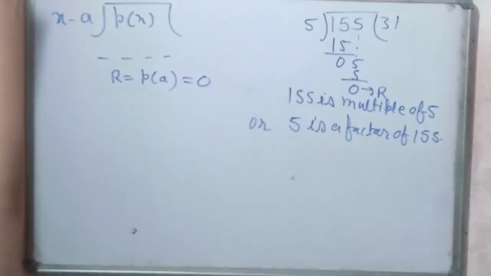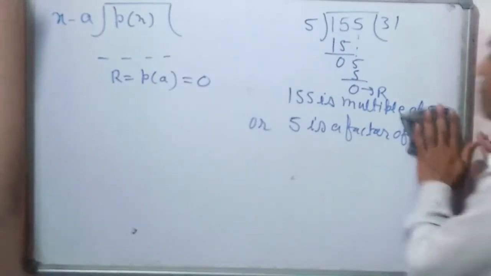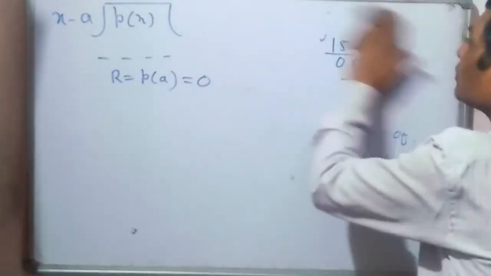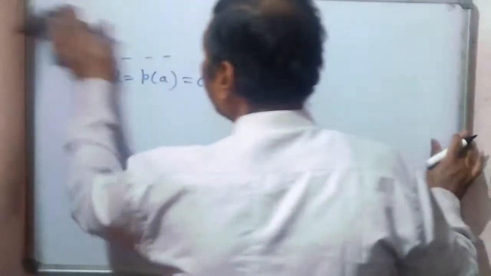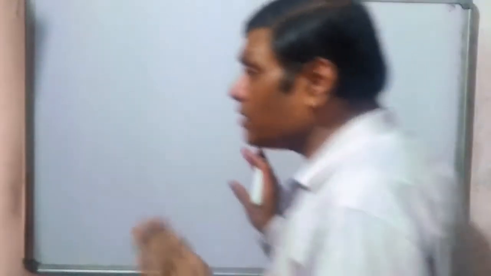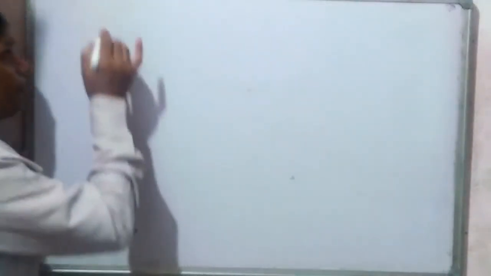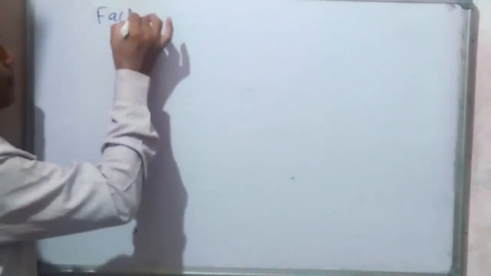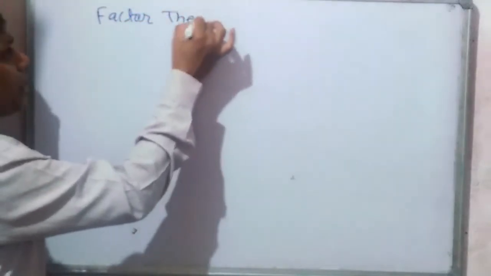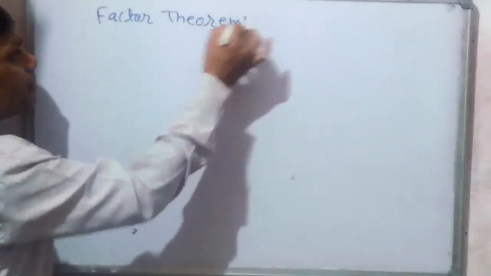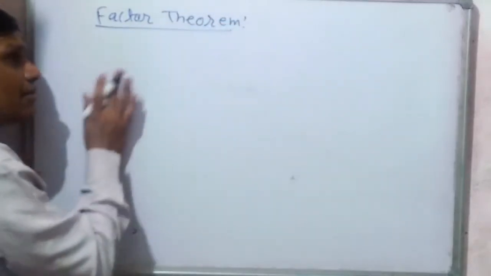Simple. That means we have now a very important factor theorem, which is nothing new. It is an extension of remainder theorem. Right?